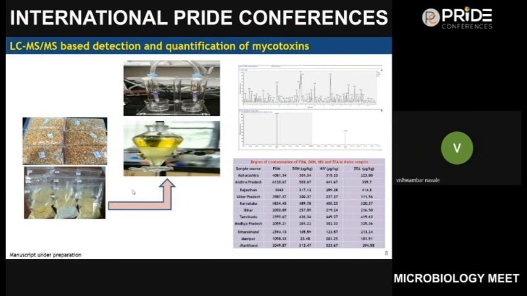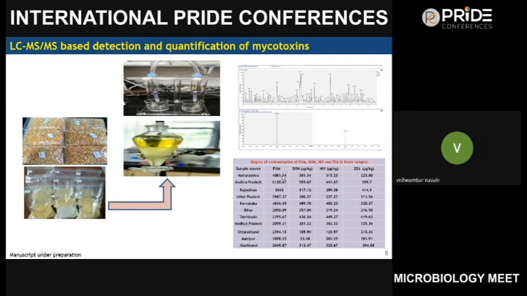These maize samples were finally ground into a powder, then extracted with different solvents and passed through an immunoaffinity column, and this final extract we analyzed by an LC-MS based approach. Here you can see the different sample sources from India. We collected about 100 samples and quantified the amount of toxins present in those maize samples.